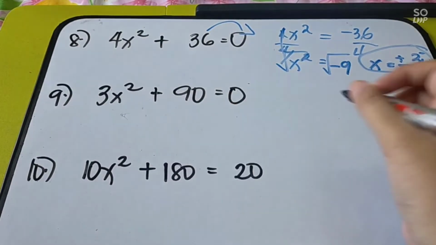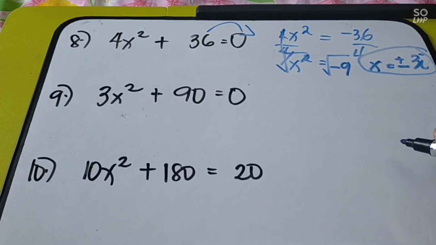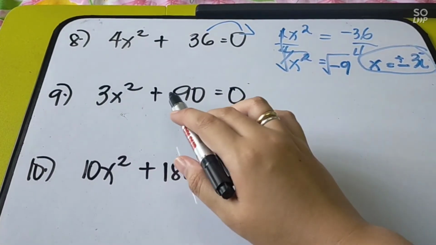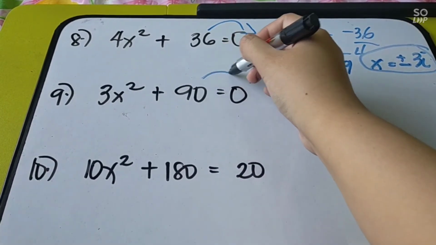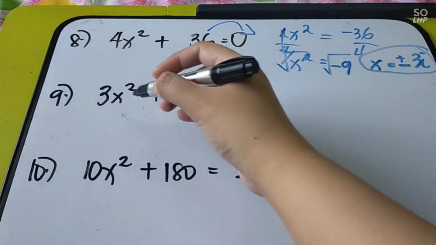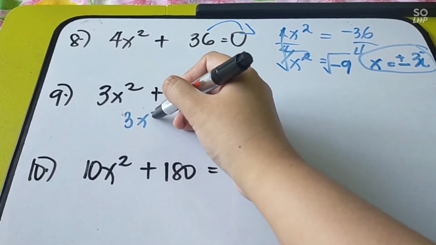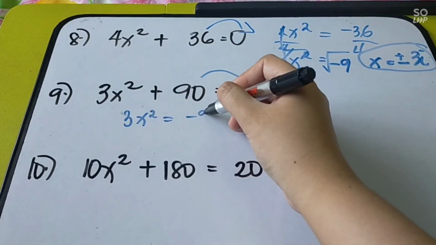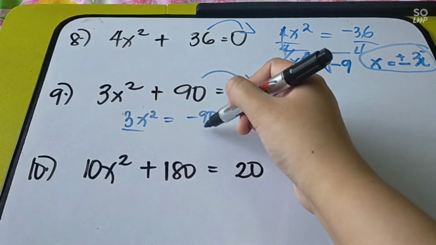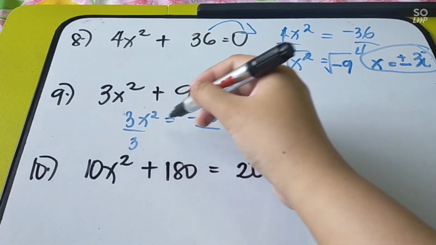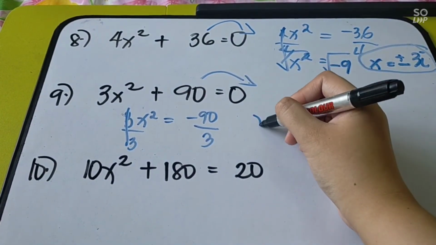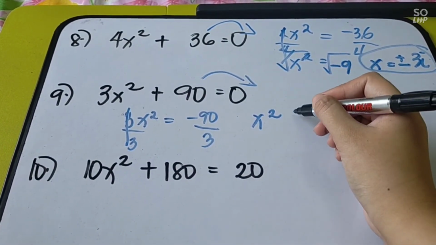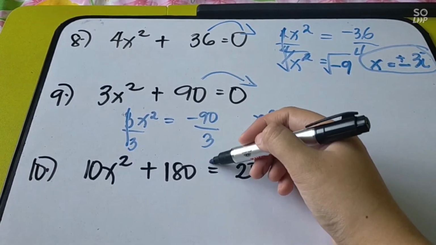Next, we have here 3x squared plus 90 is equal to 0. First, we are going to transpose 90 to the other side. So, it becomes 3x squared is equal to negative 90. Divide both sides by 3, same as number 8. Then, it cancels out. Then, we have x squared is equal to negative 90 divided by 3.